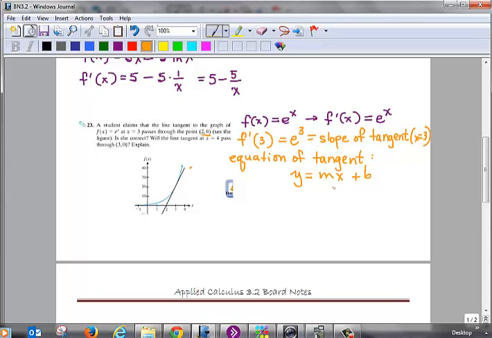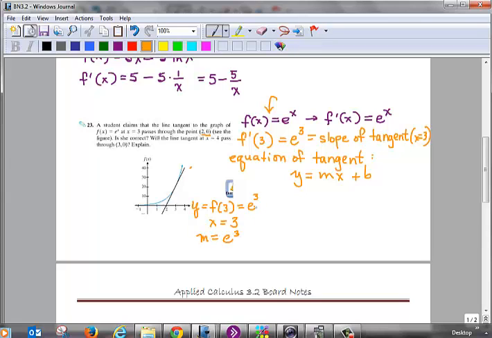And I know that if x is 3, then the y that goes along with that has to satisfy this original function. So f of 3 is e to the power of 3, and that's my y value. So I know x is 3, I know y is e to the power of 3, and I know the slope is e to the power of 3.